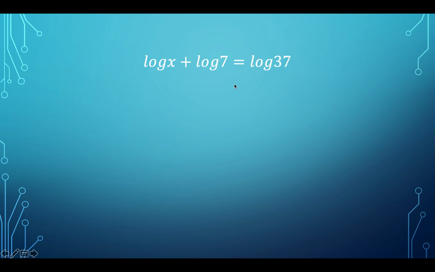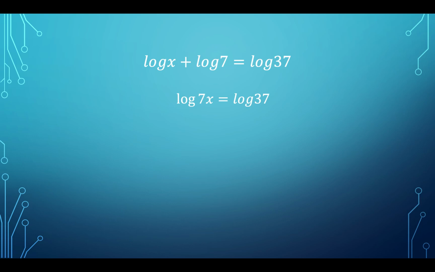You wouldn't be able to solve for x right away, because we have log x + log 7. You can condense it, so we could do log 7x = log 37. Now this is something we can work with.